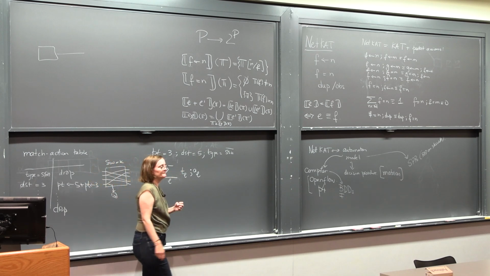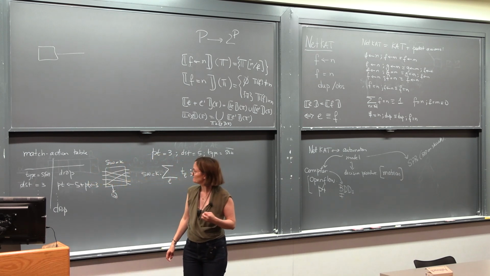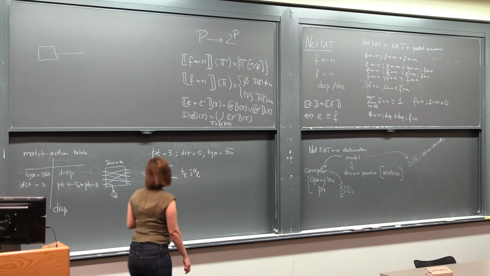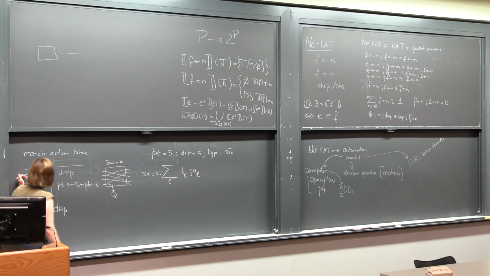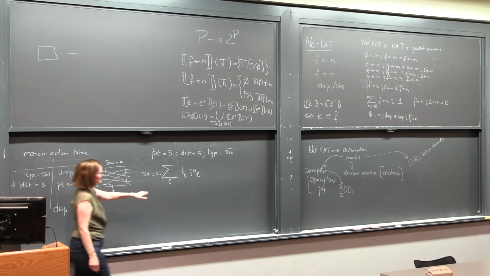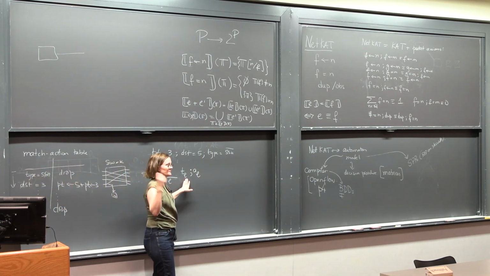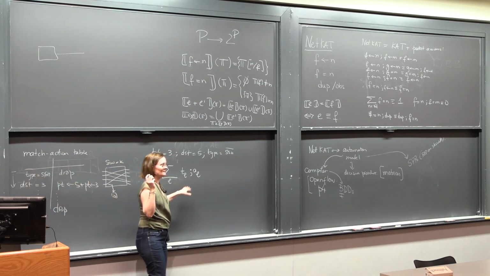Yeah. Is the order of the entries of the table important in the sum? Right. You caught me there. Thank you. Yes. You have to be a little careful in reading the order because you should be going bottom up. So this sum is a bit of an oversimplification of what I wrote there.